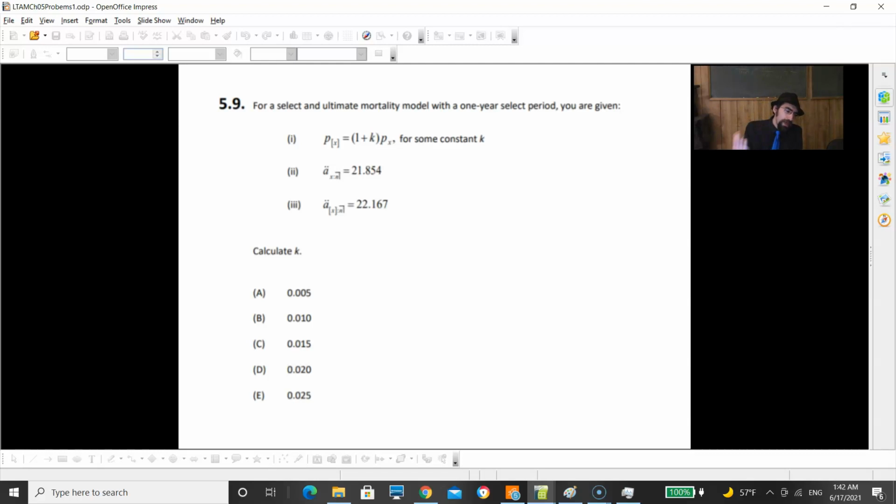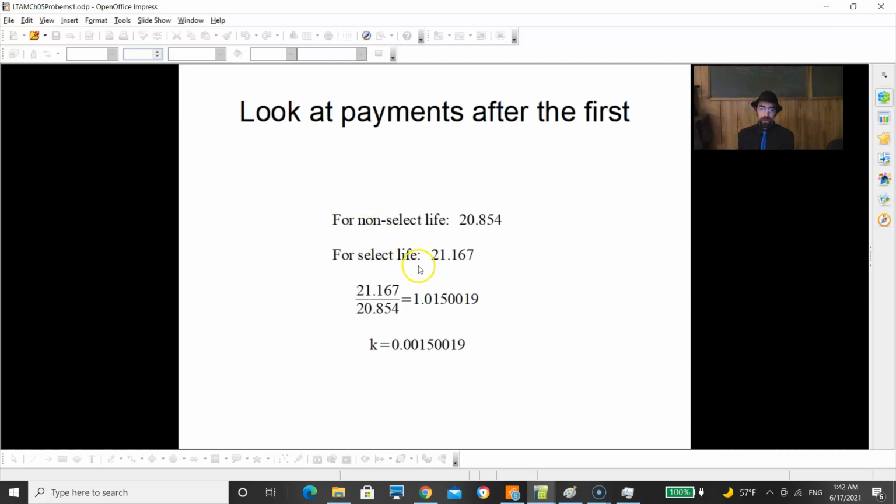Then there are the other payments that are conditioned on survival. And because survival probabilities after the first year are the same, the only difference is the survival probability for the first year. So we can subtract 1 from each of these to get the expected values of everything past the first year, and that's what we do.